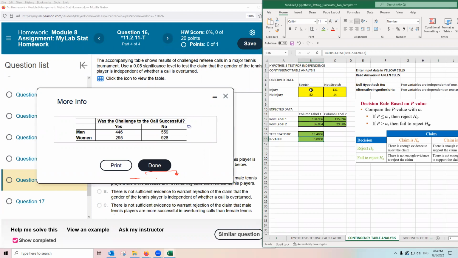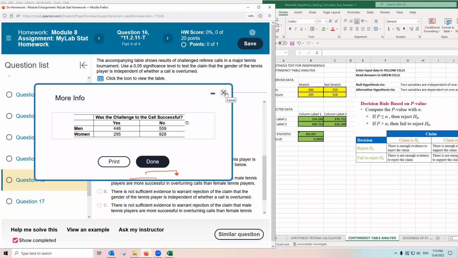So I'm just going to copy these numbers into the yellow boxes because it's a contingency table. So this is going to be 446, 295, then a 559, 928. Let me see here. The test statistic turned out to be an error message. So let me figure out what's causing that.